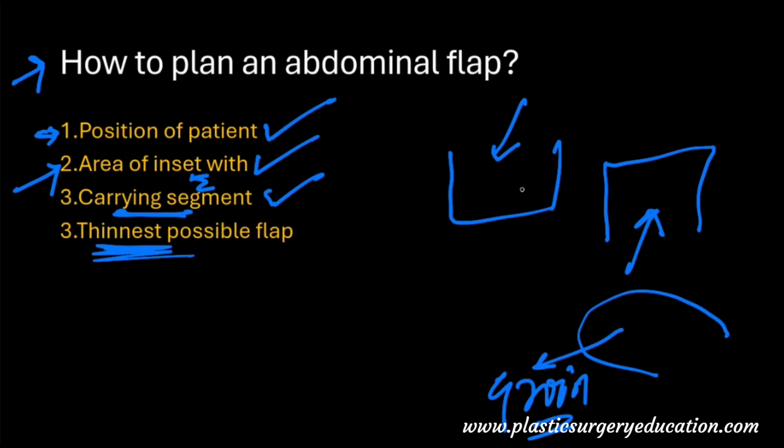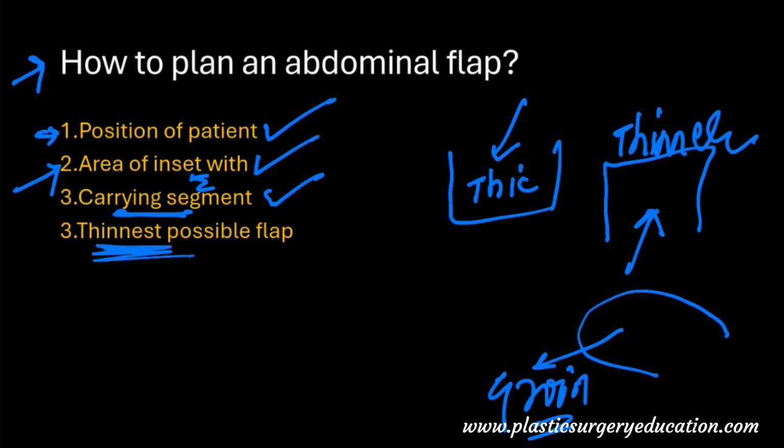Coming to superiorly based abdominal flaps and inferiorly based abdominal flaps, superiorly based abdominal flaps are thicker because, as we know, fat is more in the lower abdomen as compared to the upper abdomen, and inferiorly based abdominal flaps are comparatively thinner.